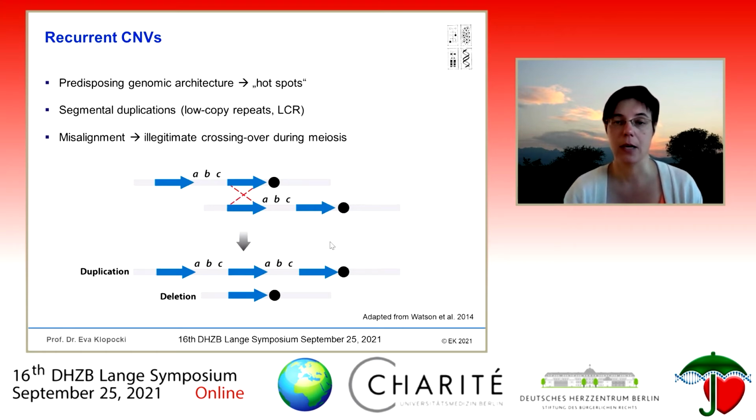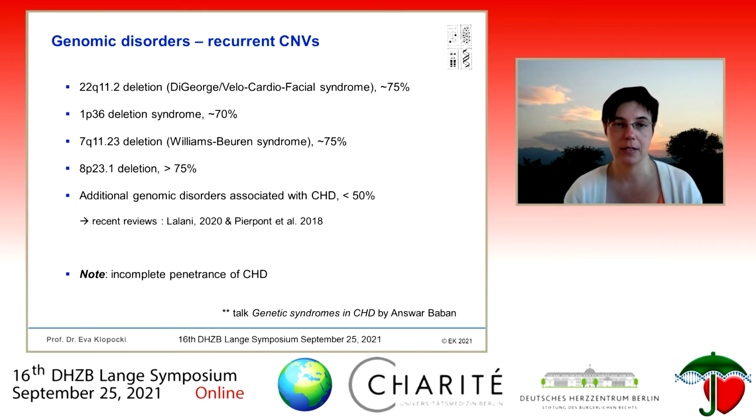On the next slide, I will show a few examples that are commonly associated with cardiovascular defects. The most prominent here, of course, is the 22q11.2 deletion. And again, the percentages relate to the frequency of cardiovascular defects. Additional genomic disorders associated with CHD are below 50% of frequency. They are nicely reviewed in those two recent papers.